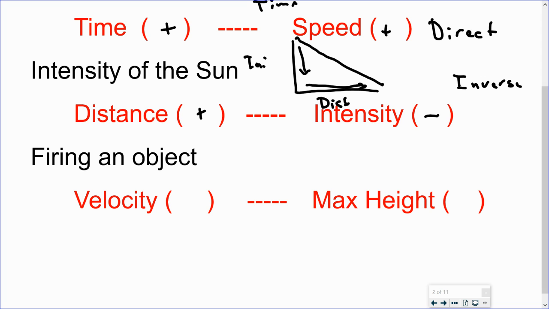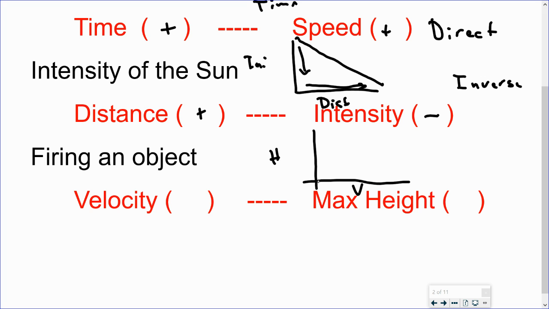Okay? Firing an object. All right, so let's say that we had some rockets. So this is height, and this is velocity. If you had a particular rocket, at time 0, its height would be 0. But then the velocity will be at its greatest amount.